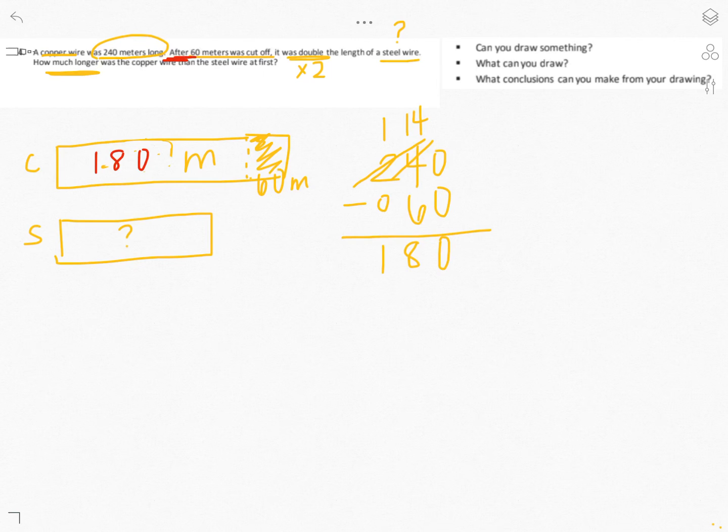So I've got to think, what could the steel wire be if 180 is double the length? So this times 2 equals 180.